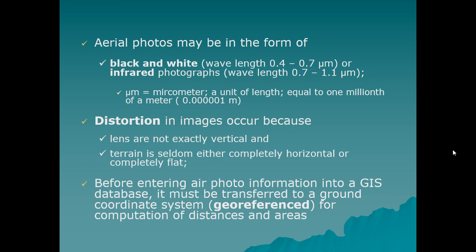Okay, it's important to note though that a lot of aerial photos, when they come to you, they can come with distortion. So the images may be distorted. Some of the reasons for that may be the lenses that took the photo of the landscape may not have been exactly vertical.